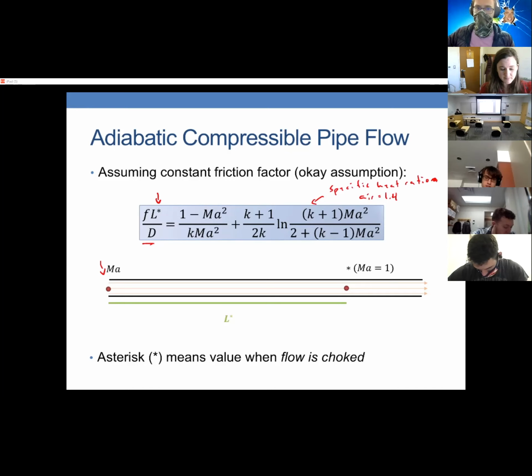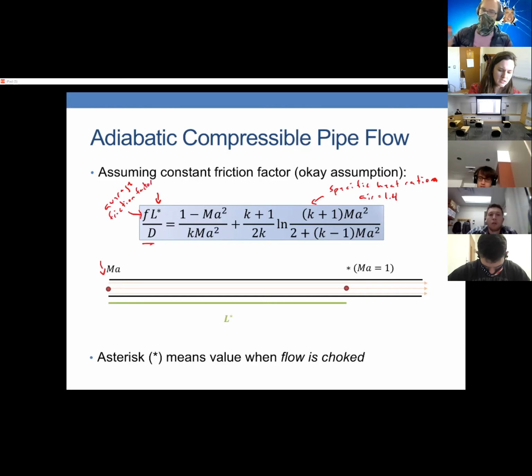Can I ask a question? Yes. So when calculating the friction factor, I'm confused how you would do that because the velocity is changing throughout the whole pipe. It's constantly changing. Yep, the velocity is changing, the friction factor is changing. So this is technically average friction factor, which you would do at an average Reynolds number.